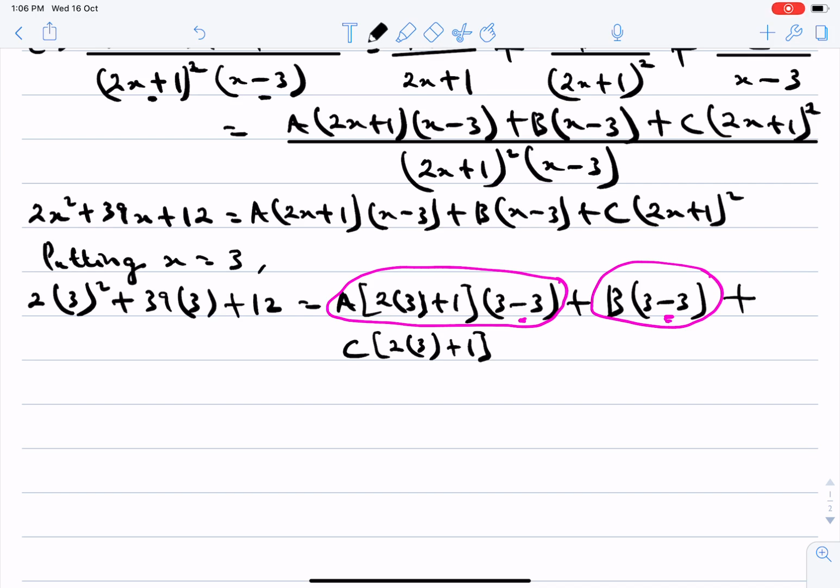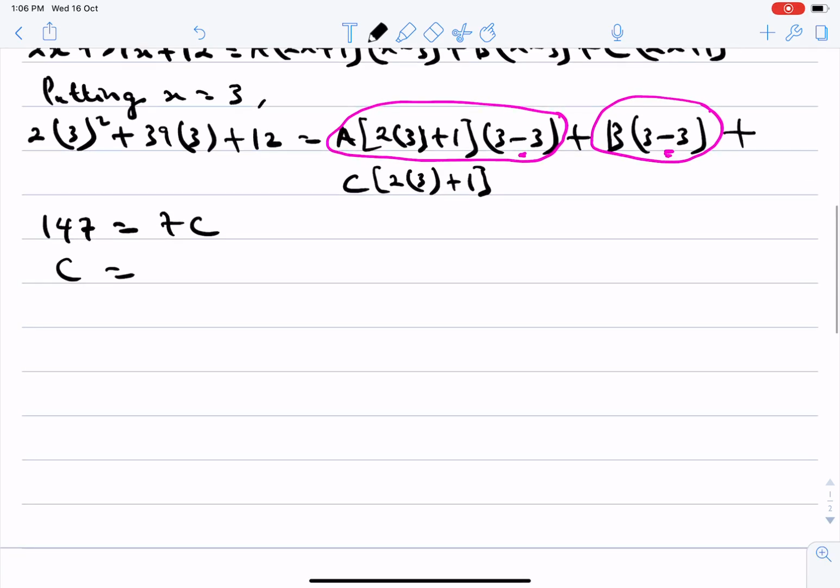Let me check that again. 3 squared is 9 times 2, 18, plus 39 times 3, which is 117, plus 12, and that's 147. The right hand side is 2 times 3, 6 plus 1, 7, and then 7 times 6.